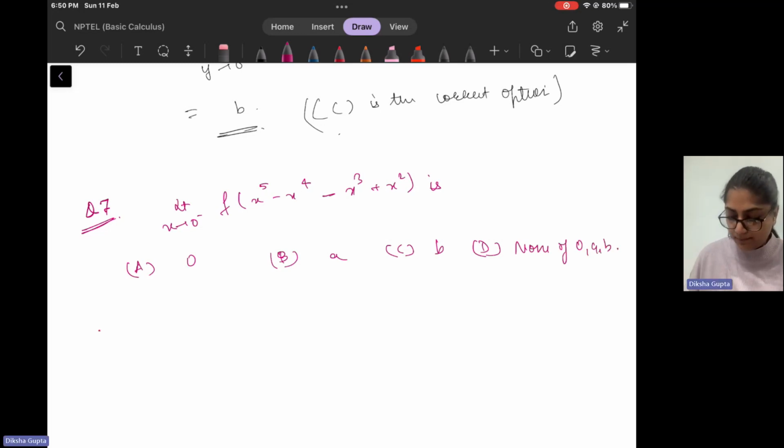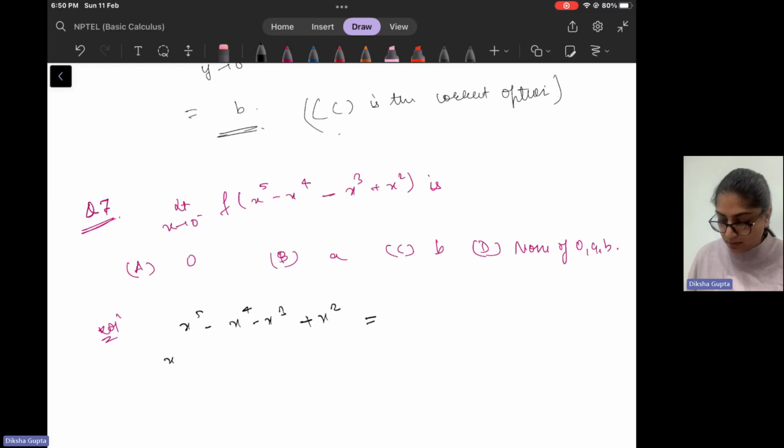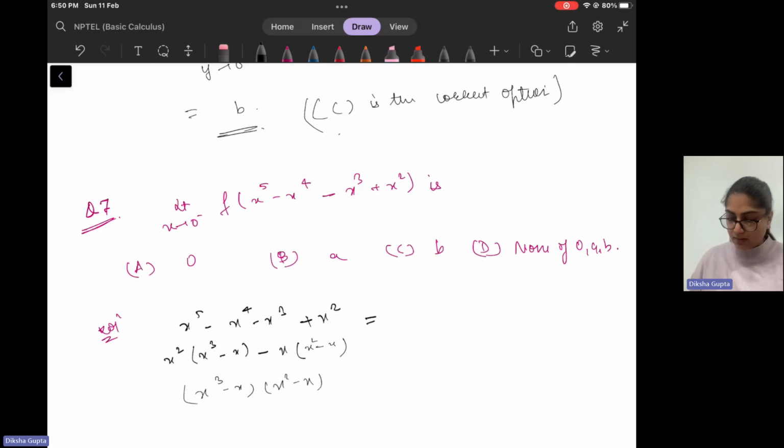So again, when you factorize x^5, it is the same. You just have to see that x square is common, x cube minus x minus x common, you will have x cube minus x, x square minus x, sorry, x square here.